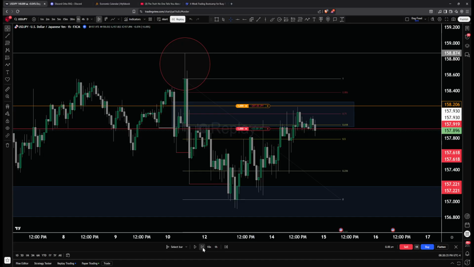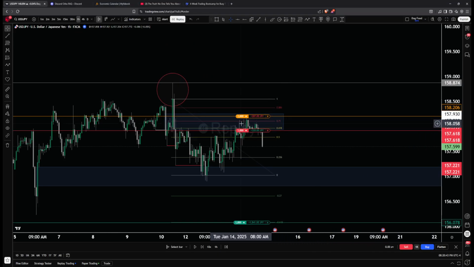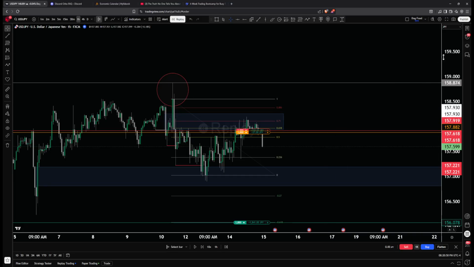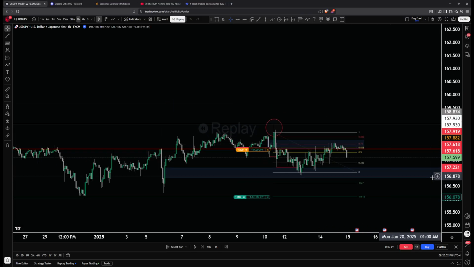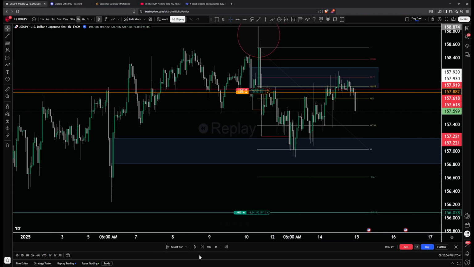Now we're in profit. Drawdown, profit, extreme profit, right? So at this point, we would have probably seen that and brought our stop loss in profit. So we're not risking any money. And then let's see how the rest of the trade plays out.